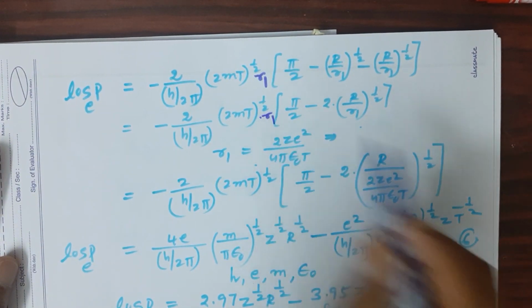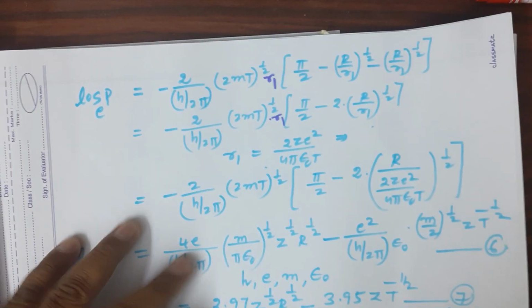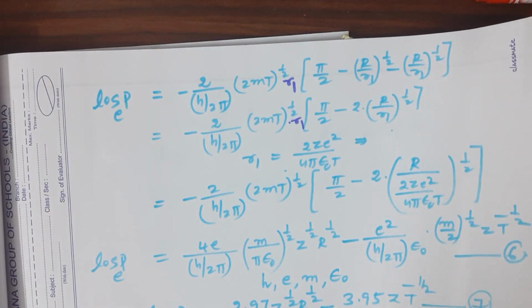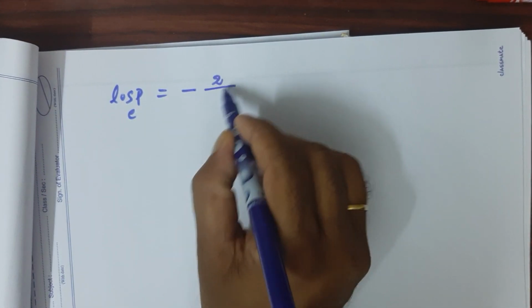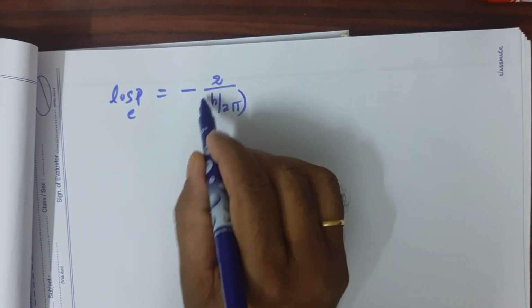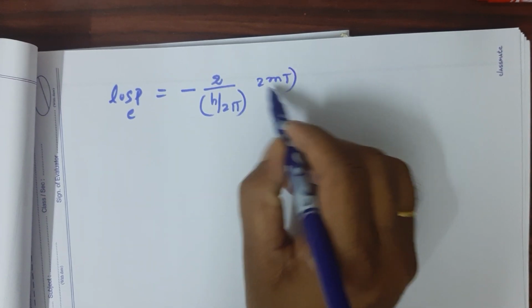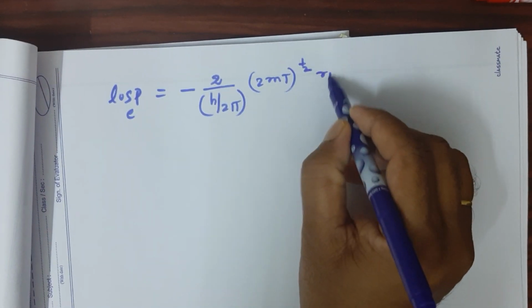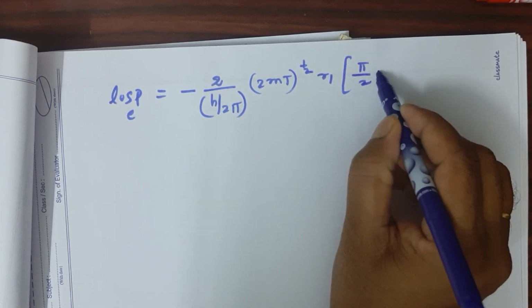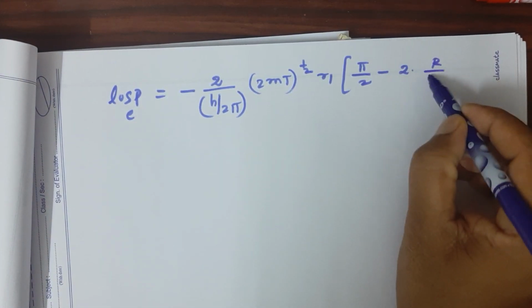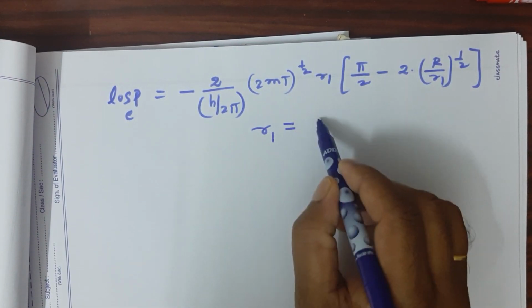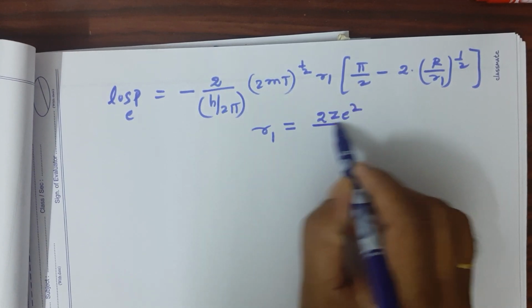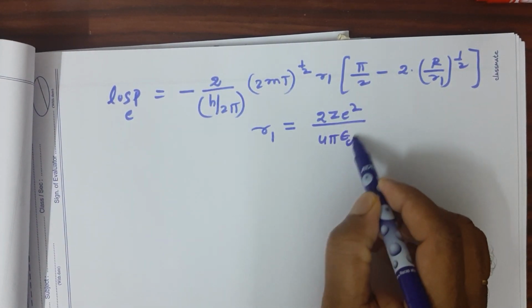So here also r1. So what I am saying, log p base e is equal to minus 2 by h by 2 pi, 2mt to the power half, r1 into (pi by 2 minus 2 times the square root of R by r1). But we have r1 equal to 2Ze² by 4 pi epsilon naught t.